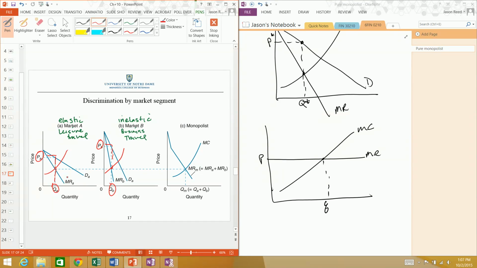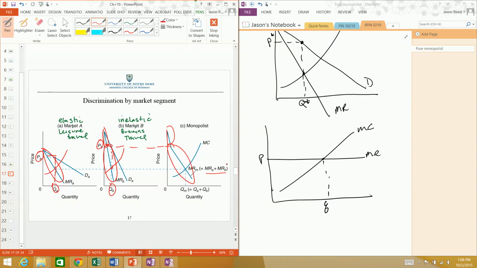And so we want to combine them for the monopolist. If we're able to pull this price over, what we end up seeing, looking at our marginal revenue curve, is that this part of the marginal revenue curve corresponds to just this part of the inelastic business travelers. Whereas this marginal revenue curve is going to be the sum of this component and this component, and we can see that here.